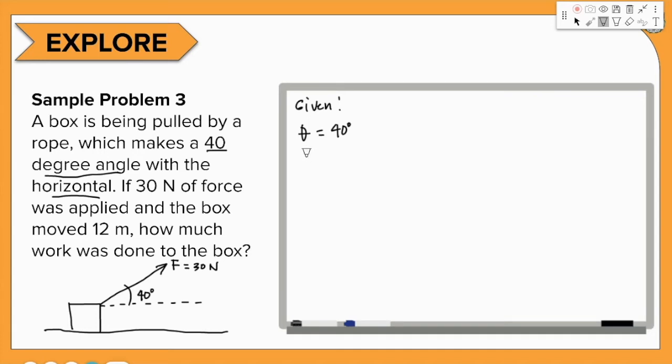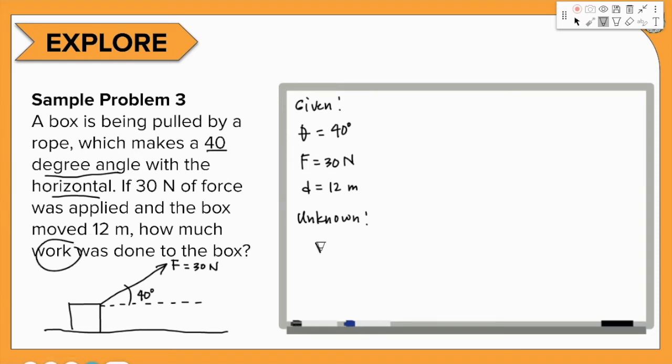And then we have force equal to 30 newtons. Newtons is the unit for force. And displacement will just be 12 meters. Then let's write what the unknown is. The question is how much work was done.